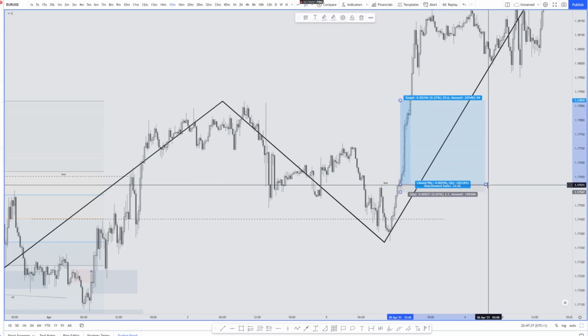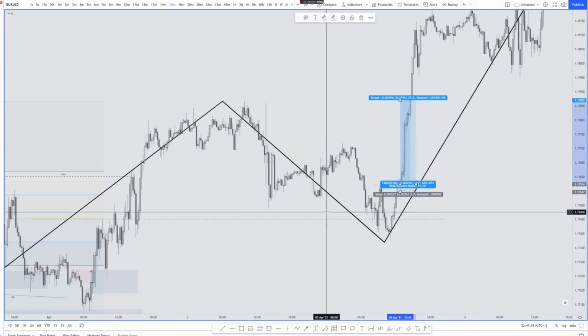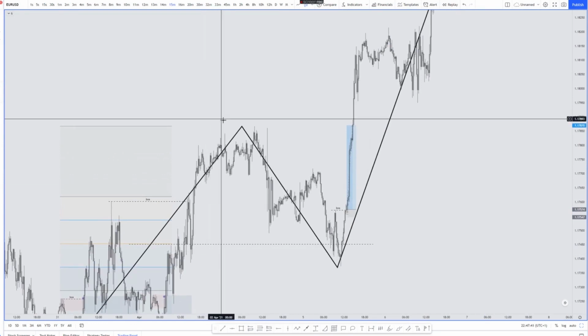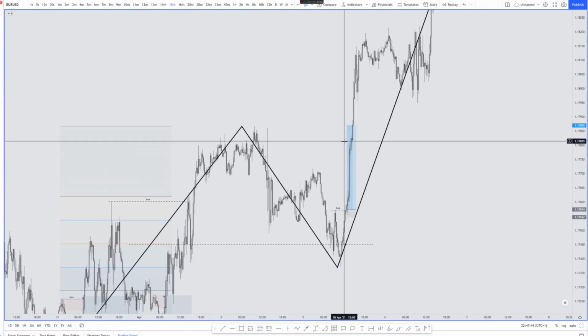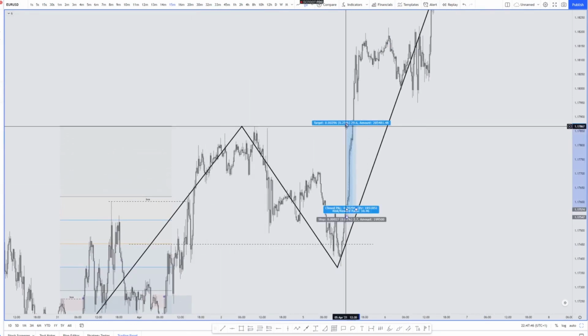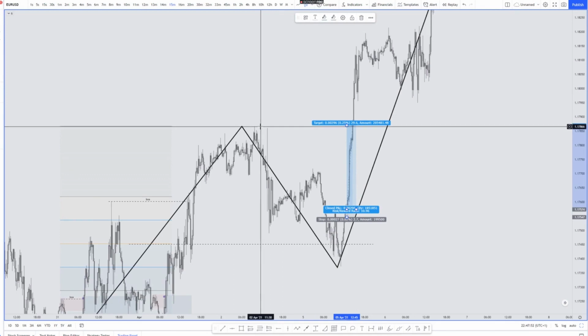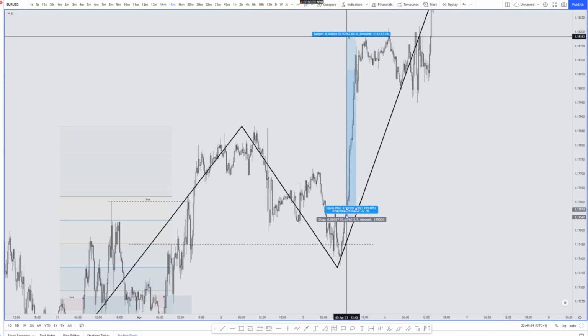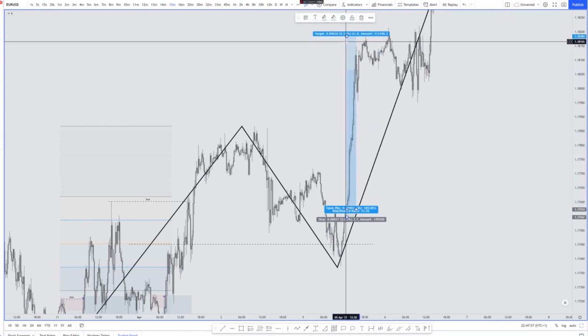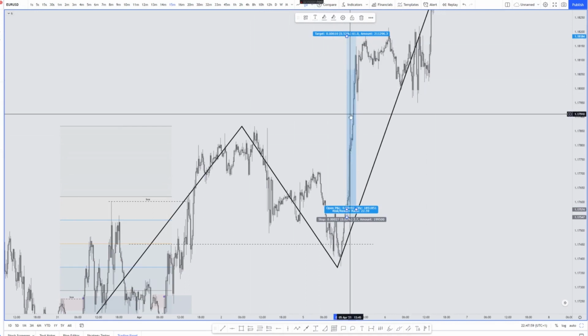You could probably get in quite a bit tighter on the 1 minute. But the expectation is for this trend to take this high. And at a bare minimum, you would pay yourself at this high. So that's an 1:1 right there. And you know, you could take 50% or take 70% or whatever and let the rest ride. Because your expectation is that the trend is going to continue up.